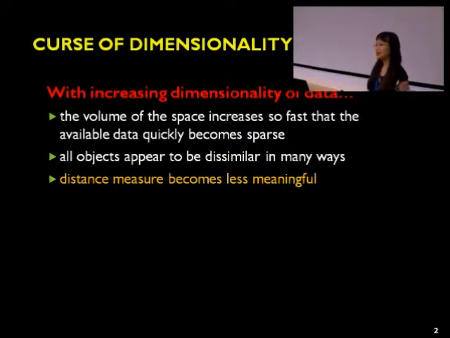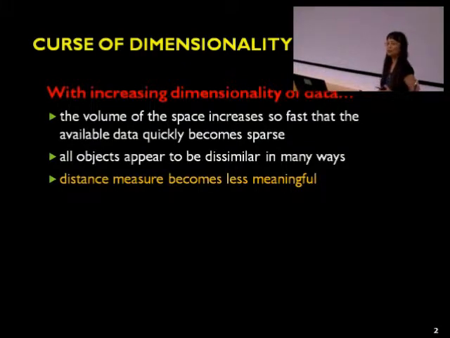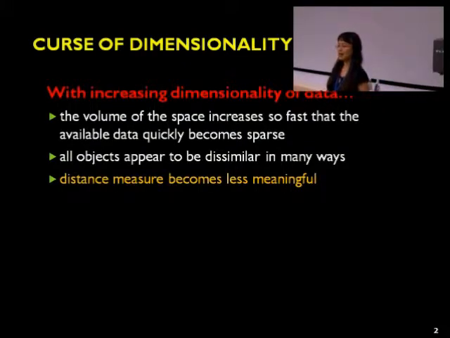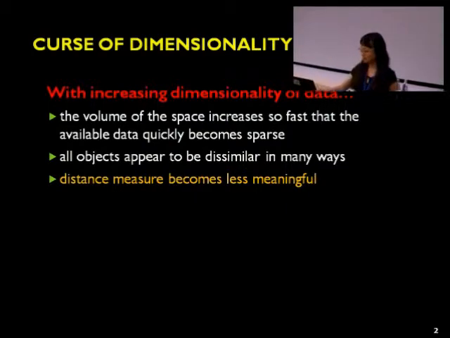So when the volume of the space increases very fast, the available data quickly becomes sparse, and all objects often appear to be dissimilar in many ways, which makes it difficult to analyze the similarity between objects in your data.